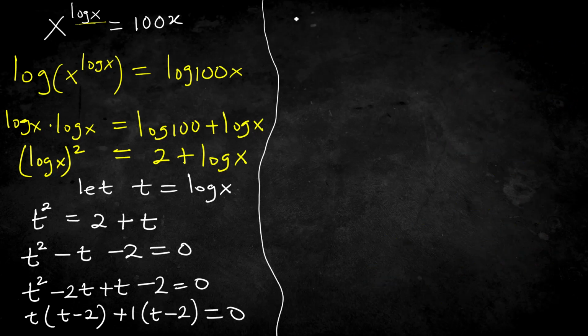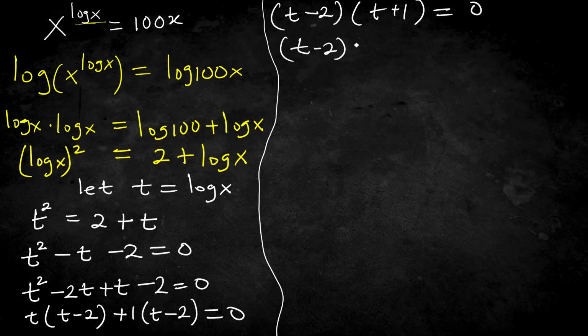Continue, we have t minus 2, t plus 1 equals 0. So t minus 2 equal to 0, or t plus 1 equal to 0. So t here is 2, t here is minus 1. So we have two answers for t, 2 and minus 1.